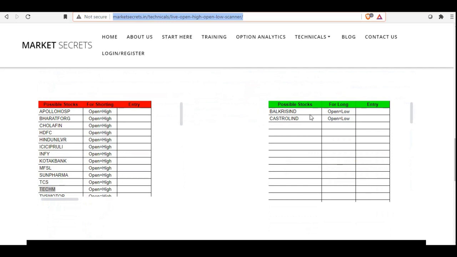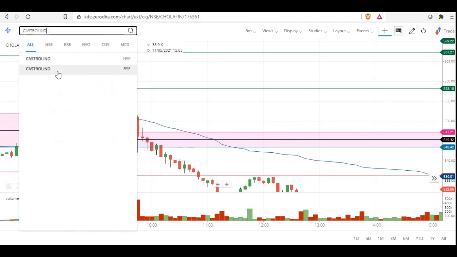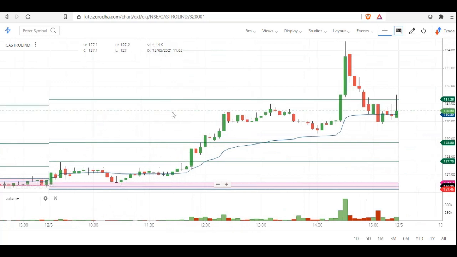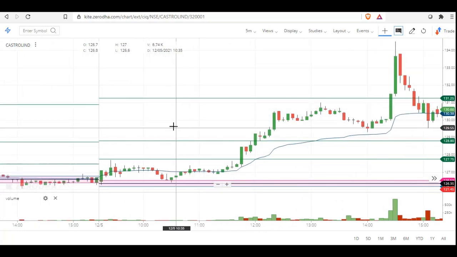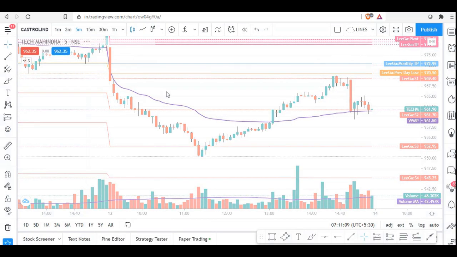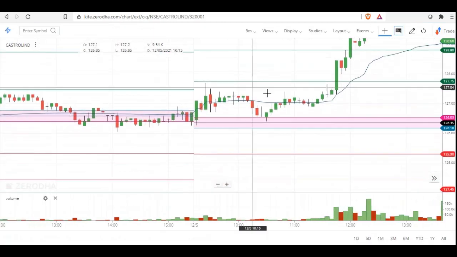So this is yesterday's open is equal to low, open is equal to high scan. Since we can check for Castrol India. This is Castrol Industries. First we confirm whether the open is equal to high or open is equal to low is correct or not.